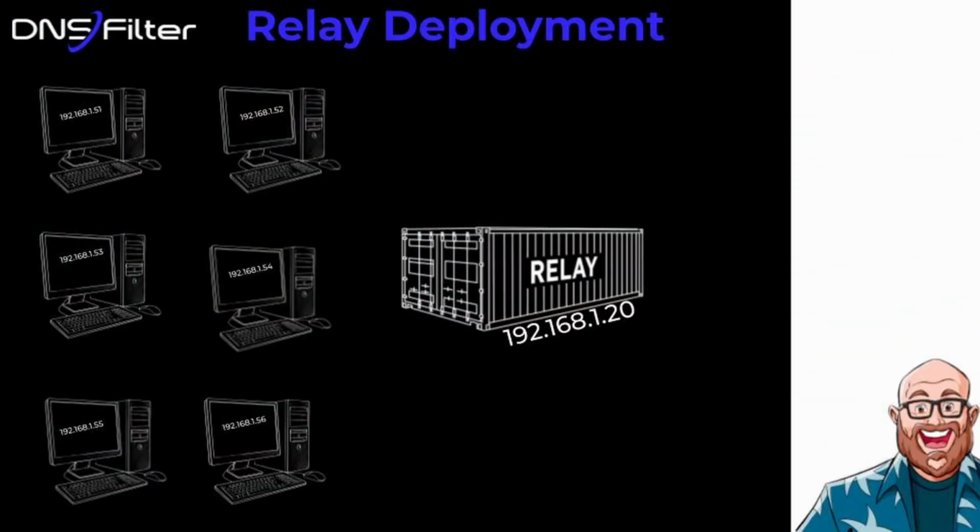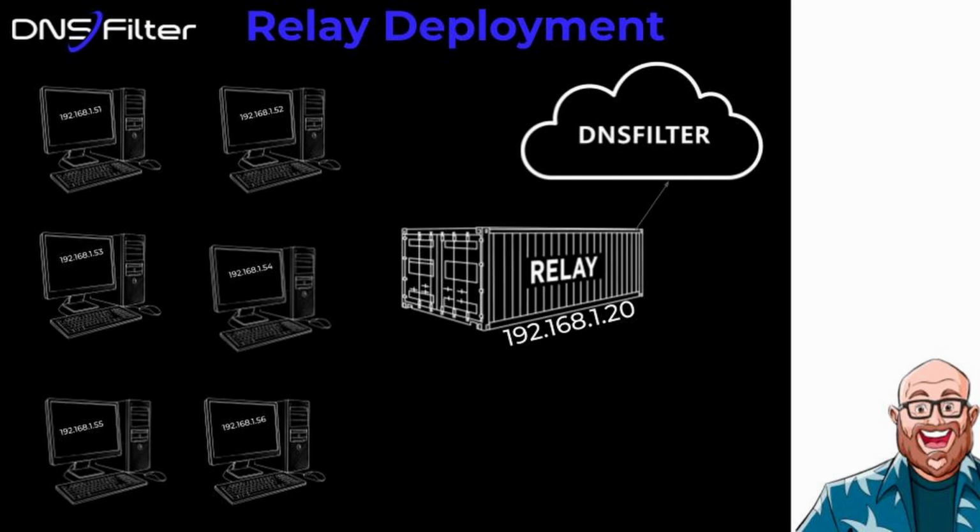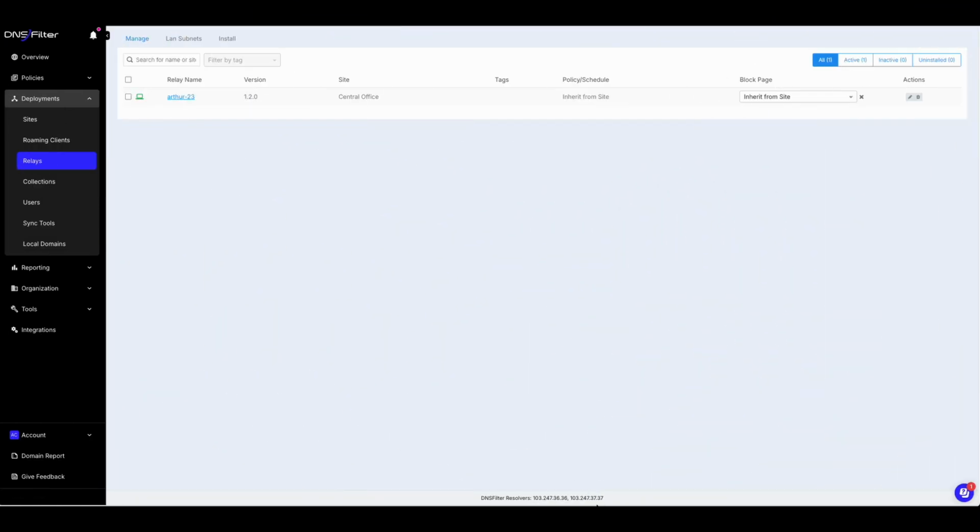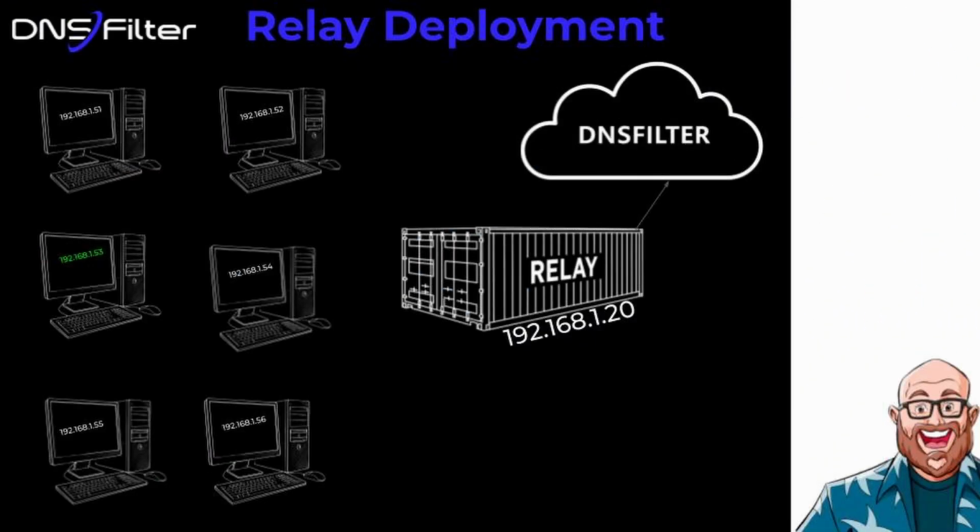If we deploy a relay that is accessible on the internal network of all these devices, and then we point these devices at the relay's local IP for DNS resolution, it will automatically forward the traffic to DNSFilter just like the roaming client, and it will apply the specified policy, which can be set at the relay level, just like a network level or roaming client deployment. But it will also gather the local IP address of the device making the request.